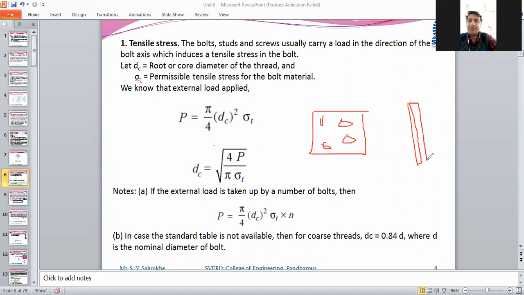If it is taken by a single bolt only, then it's okay. But if suppose you are going to use here one bolt, here one bolt, and this is side view, this is front view. So bolt number 1, 2, 3, and 4 are used, out of which we are going to see only 2 and 4, as we are looking at the side view. 1 and 3 are there, which are exactly below these 2 and 4, right?